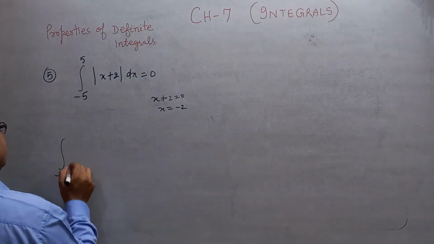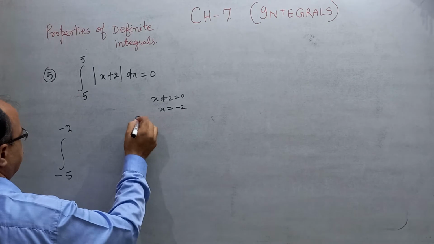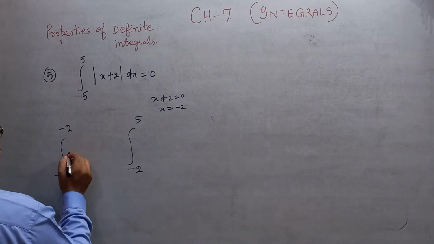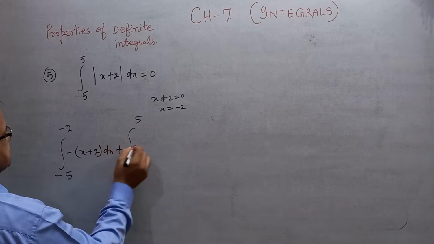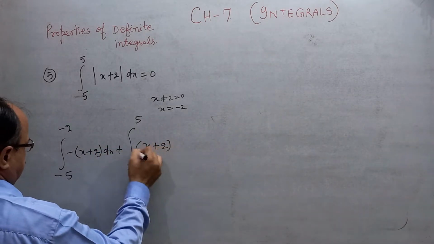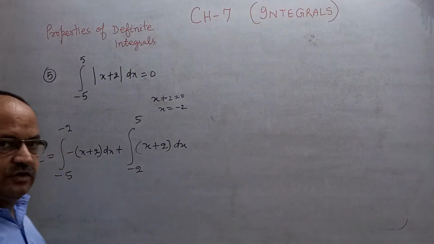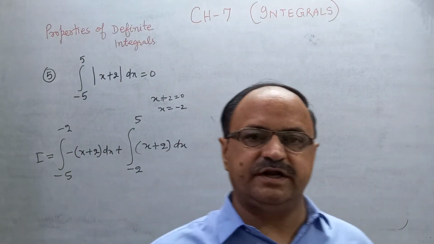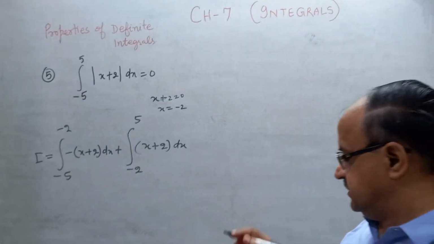Therefore, minus 5 to minus 2 and minus 2 to 5. Write here the negative of this function, that is minus of x plus 2 dx, plus x plus 2 dx. Further you can solve, just simple integration, then upper limit minus lower limit.